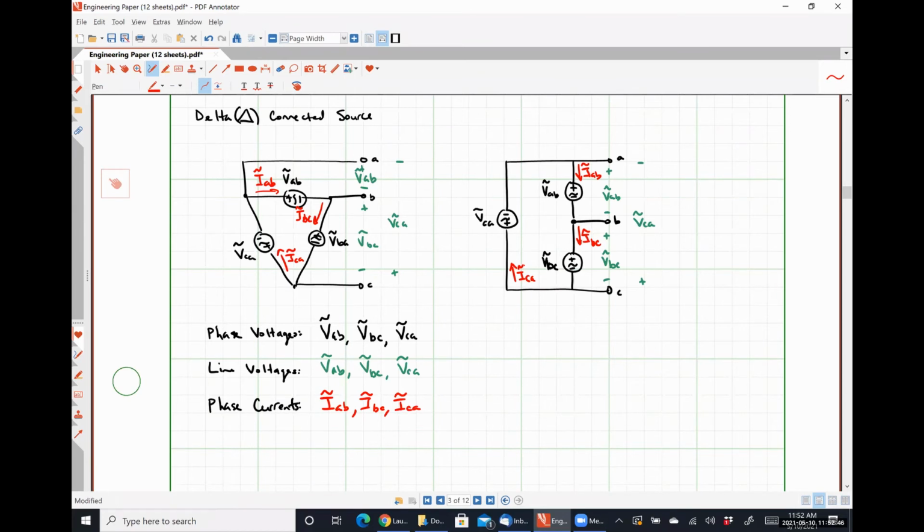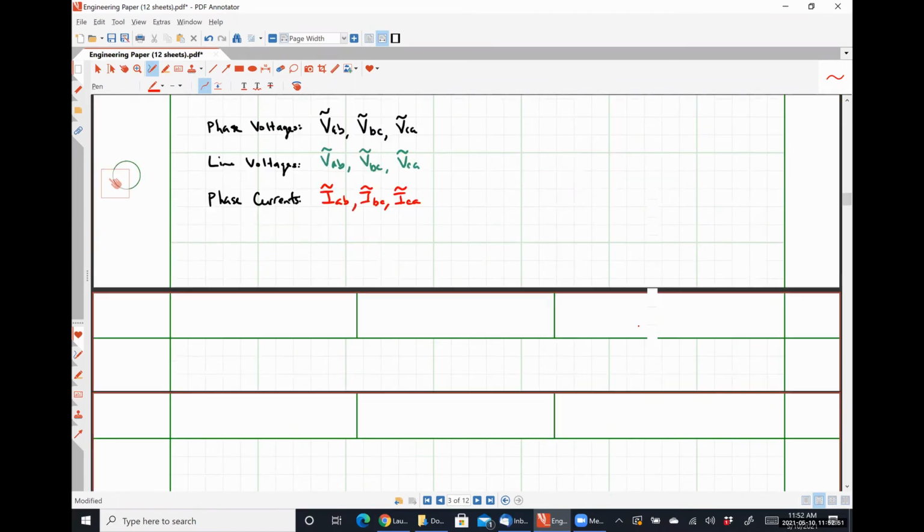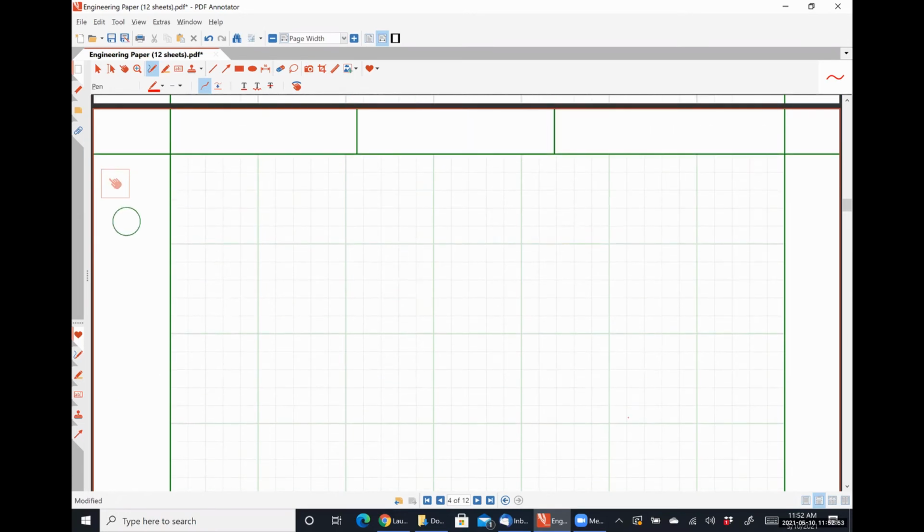So let's talk about the Y connected load first. So that's going to look something like this.